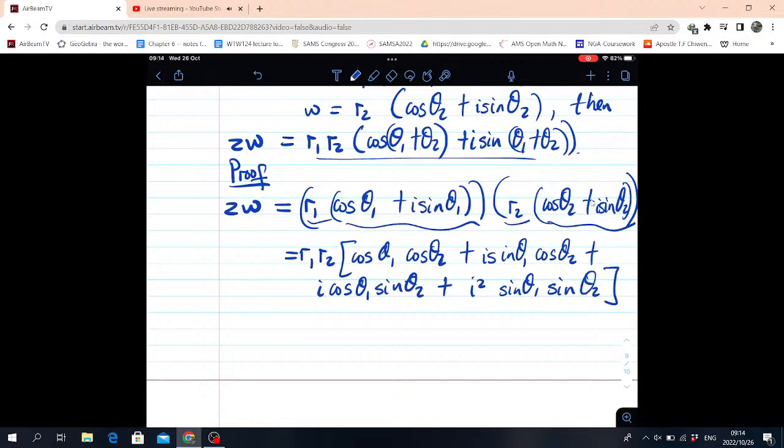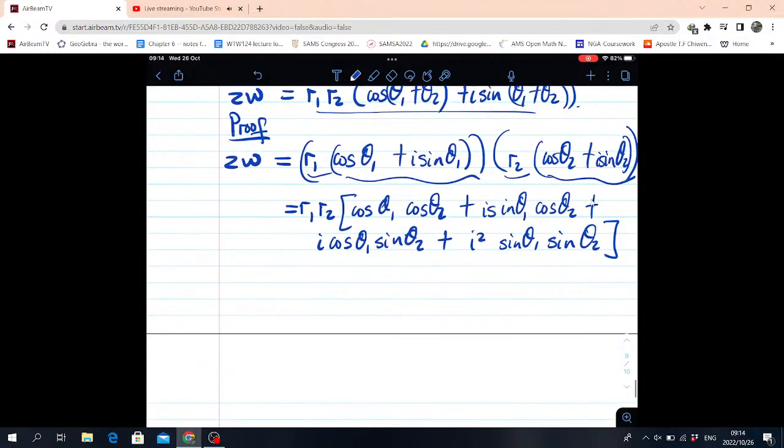So that's what we get if we do that expansion. And we can then take the real part and the imaginary part. So we get r1 r2 times cos theta 1 cos theta 2 minus sine theta 1 sine theta 2. Here we used i squared equal to minus 1, so that works.